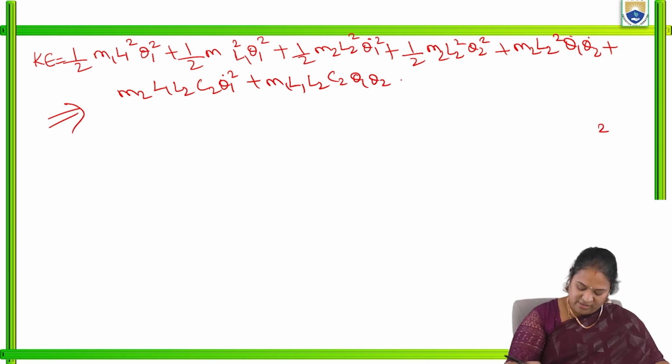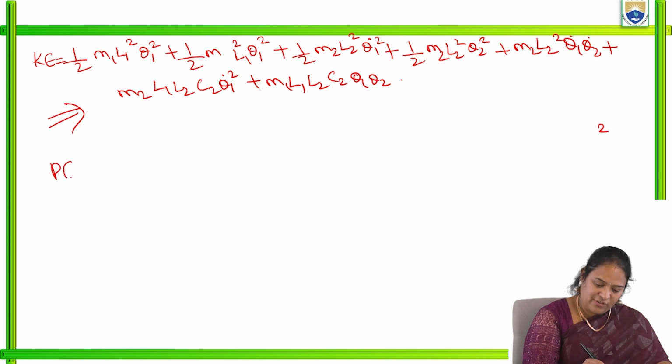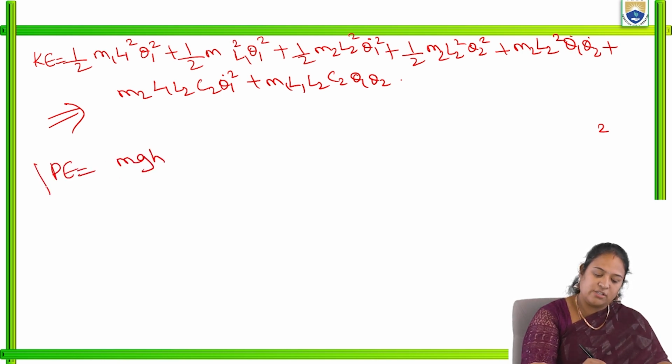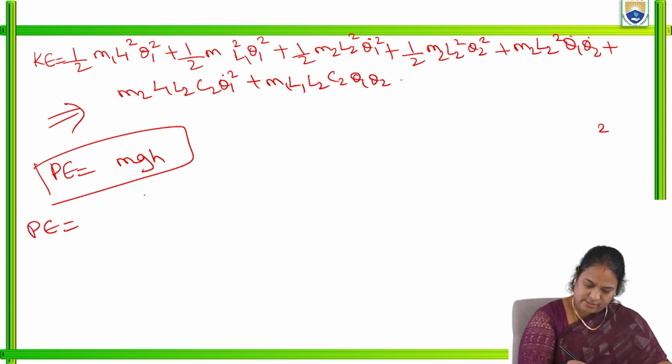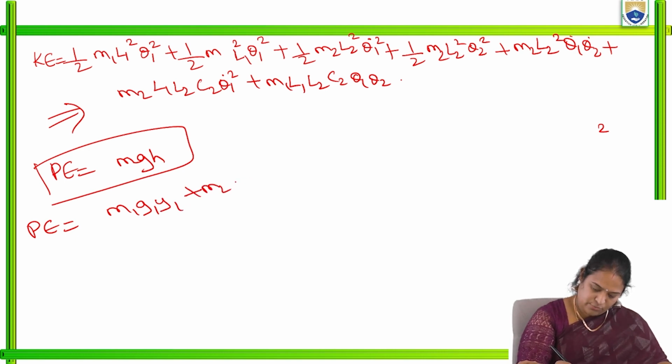Now in the figure we can see, and we need to find out the potential energy. Potential energy is mgh. So based on this, how do we write the potential energy? Potential energy is equal to m1 g y1 plus m2 g y2, gravity will be only one.